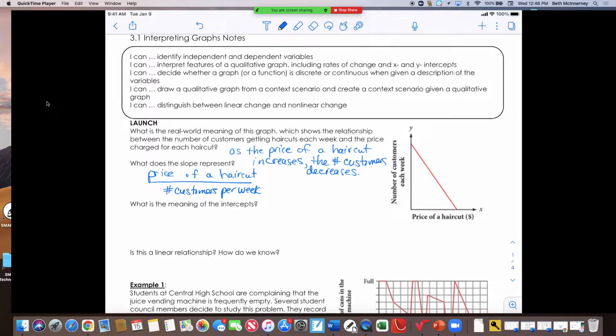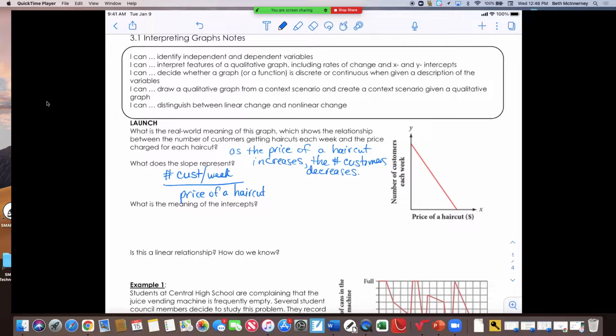Yeah, it is the y over x. Sorry, we just cut that. The slope is going to be, thank you, the number of customers each week over the price of a haircut. Because it's really the difference of the y's over the difference of the x's.